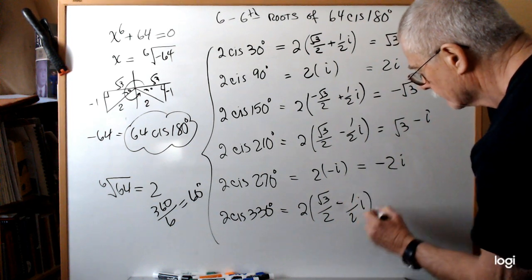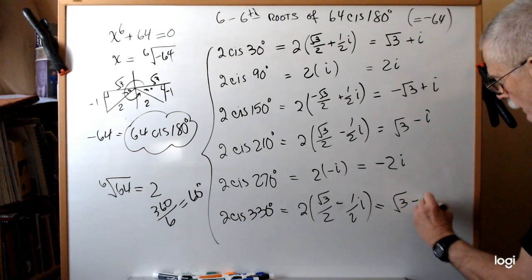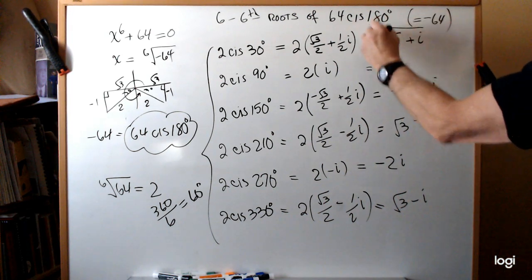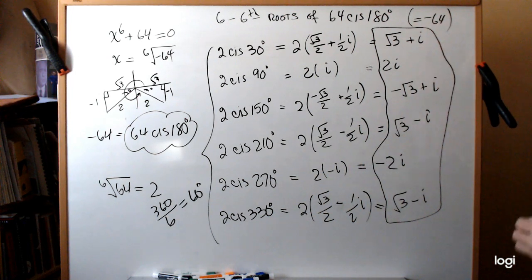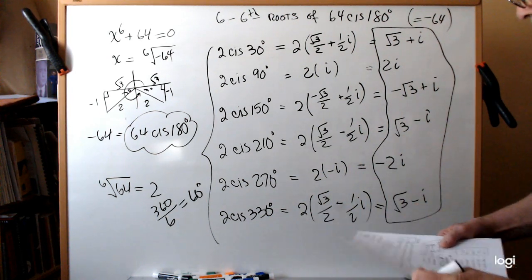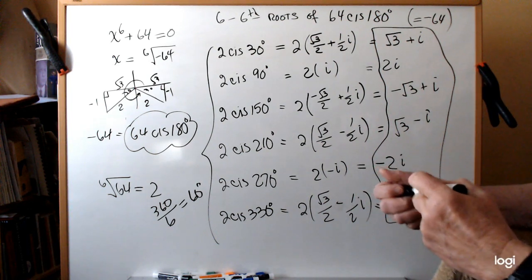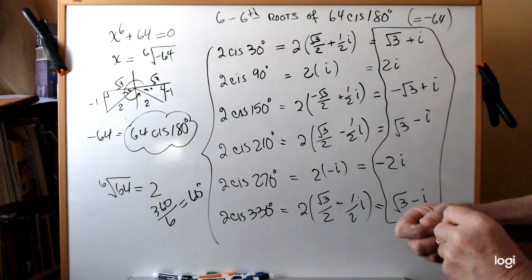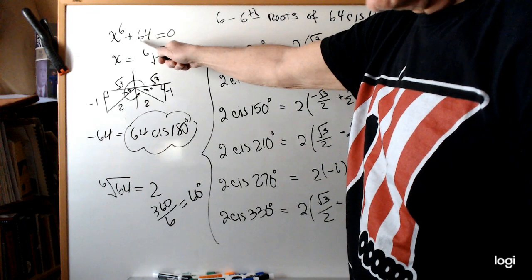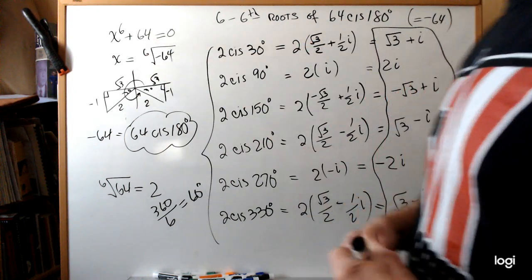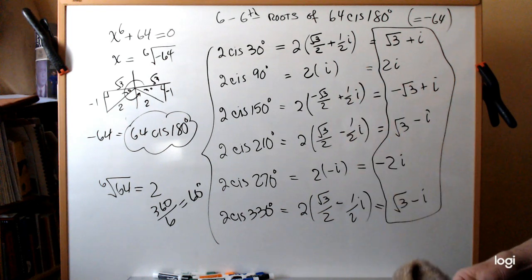With the i, and multiplying it out, you get rad 3 minus i. Okay, so these are your 6 complex roots of negative 64, and that would be the 6 solutions to this equation as told by the fundamental theorem of algebra, and we've used the last part of DeMoivre's theorem.